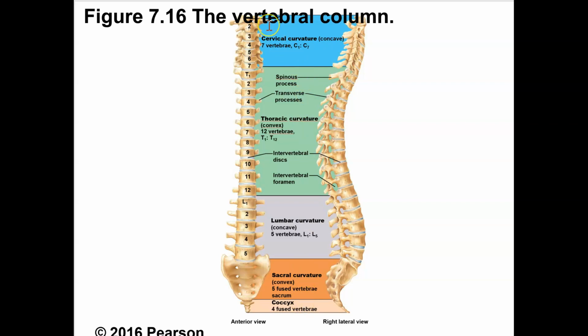In the cervical spine, there are 7 cervical vertebrae, and they're named C1, C2, C3, C4, C5, C6, C7, or you can call them cervical 1, cervical 2, etc.